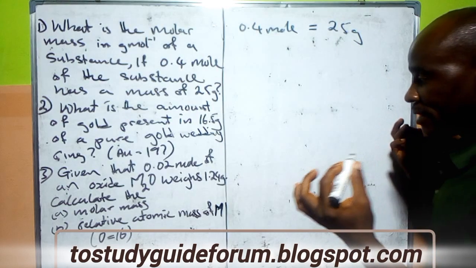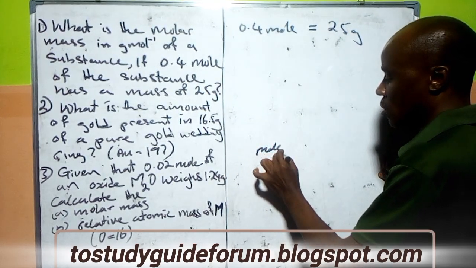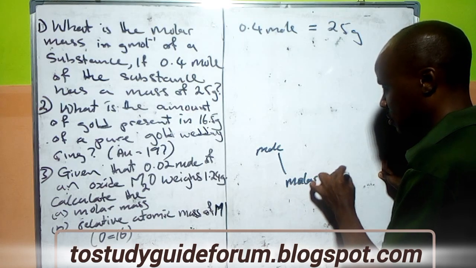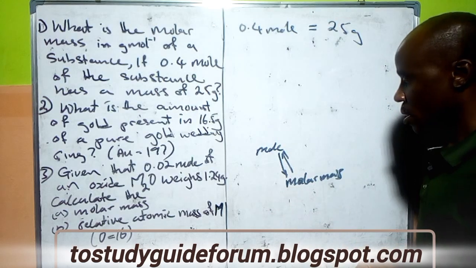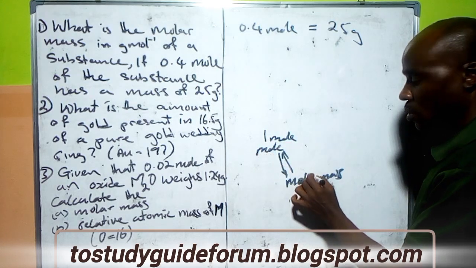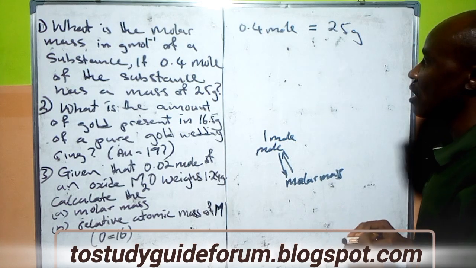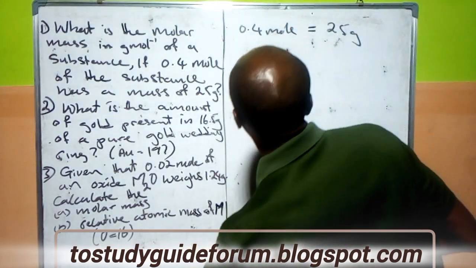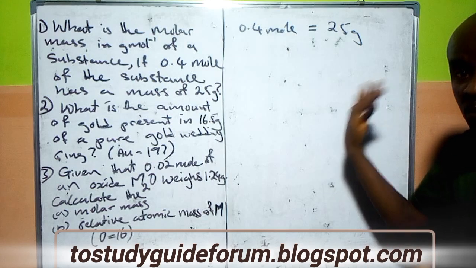By the relationship we have, we know that mole equals molar mass, and molar mass also equals a mole. For one mole, this is the molar mass of any substance we're talking about; they are equal. So based on that, 0.4 mole equals 25 grams of that substance.